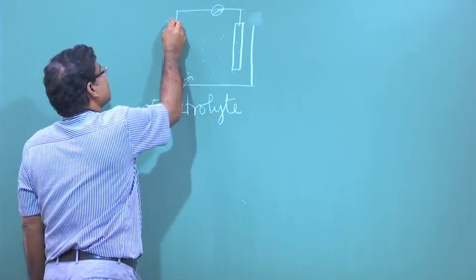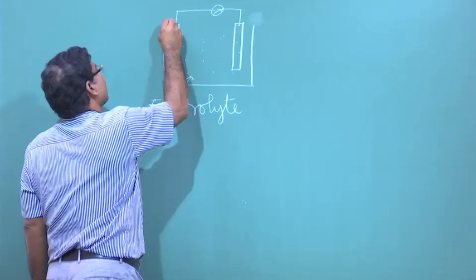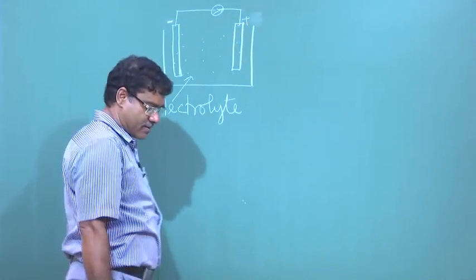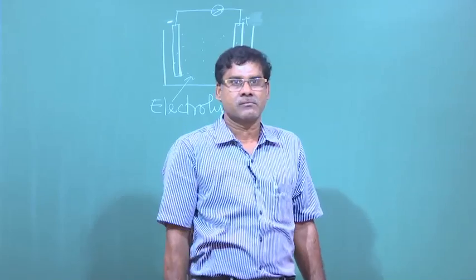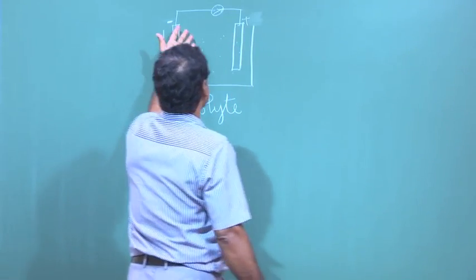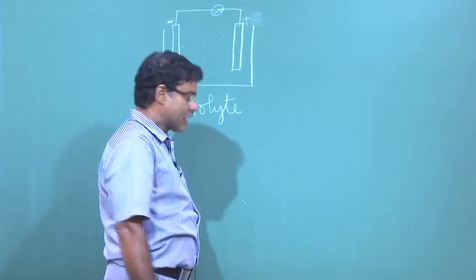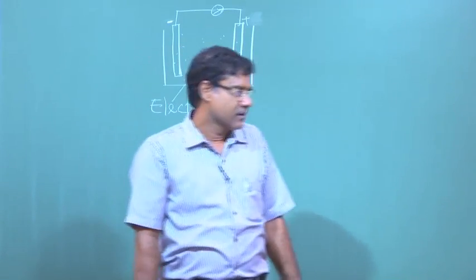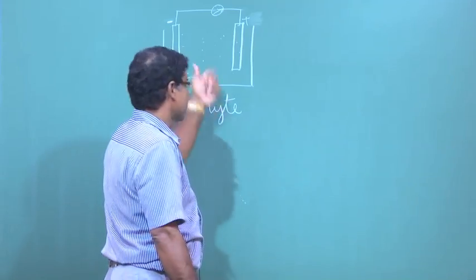Say this is the negative electrode and this is the positive electrode. A voltage is applied between these two electrodes, and current will flow through the electrolyte.